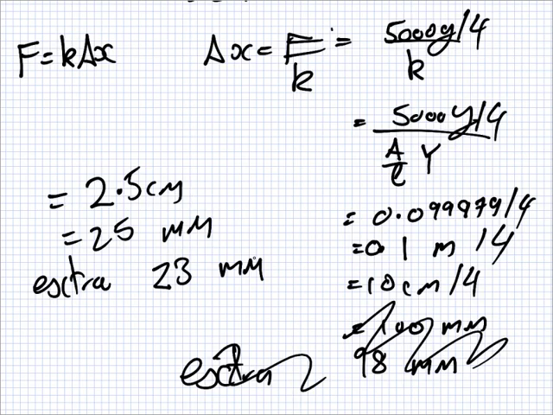The area is 0.02 multiplied by 0.02. For this last part we must do it for one, because the k is only for one beam. It's like one string.